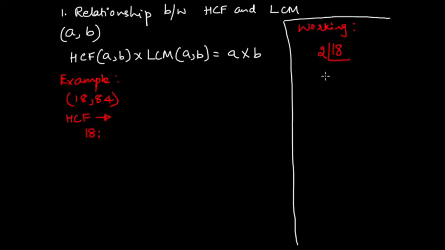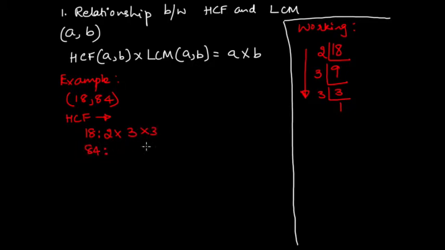I had forgotten to mention the name and I thought I'll reintroduce that here. So it's a very easy concept. 2, 9. So 9 is an odd number, so we cannot divide it by 2. And the next prime number is therefore 3. 3 works here. So 3, 1. So the factors we can list it out as 2 times 3 times 3.